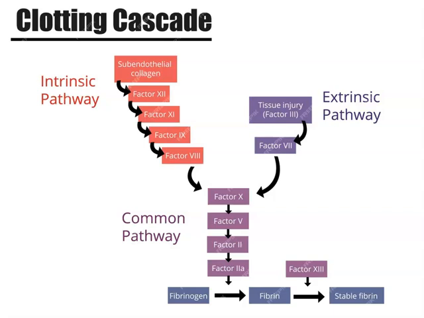And once we start working on that common pathway, eventually we end up with fibrinogen being turned to fibrin. Factor 13 gives us stable fibrin, wraps up the platelets in there, and we now have a stable clot. So this is the clotting cascade.